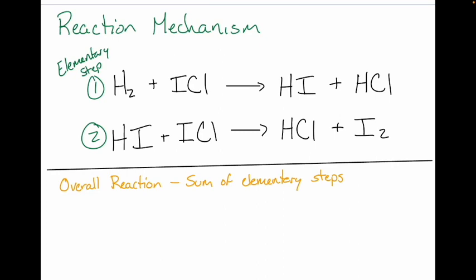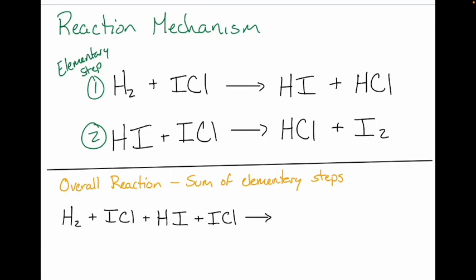All right, so I'm going to do this the long way. What we're going to do is we're going to combine all our reactants into just one chemical equation. So my reactants: H2 plus ICl from that first elementary step, plus HI and ICl from that second elementary step. Combining my reactants from these two reactions.